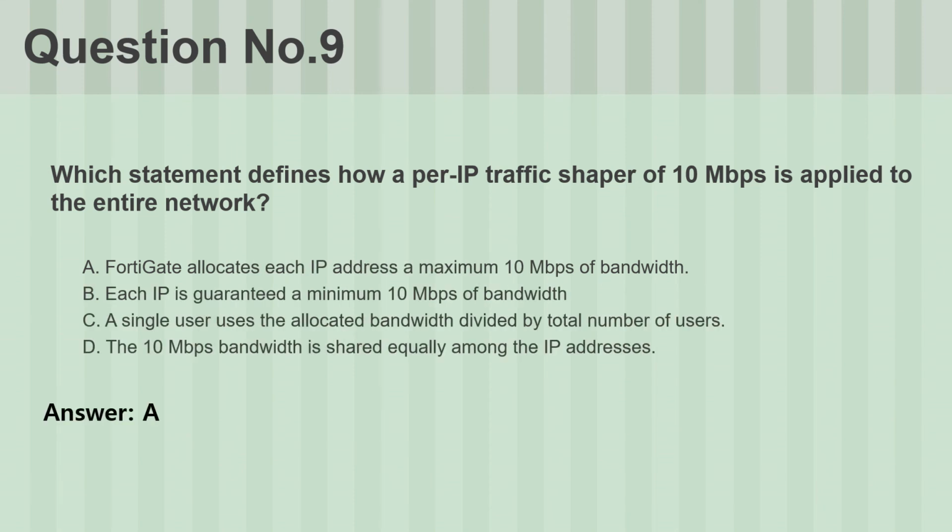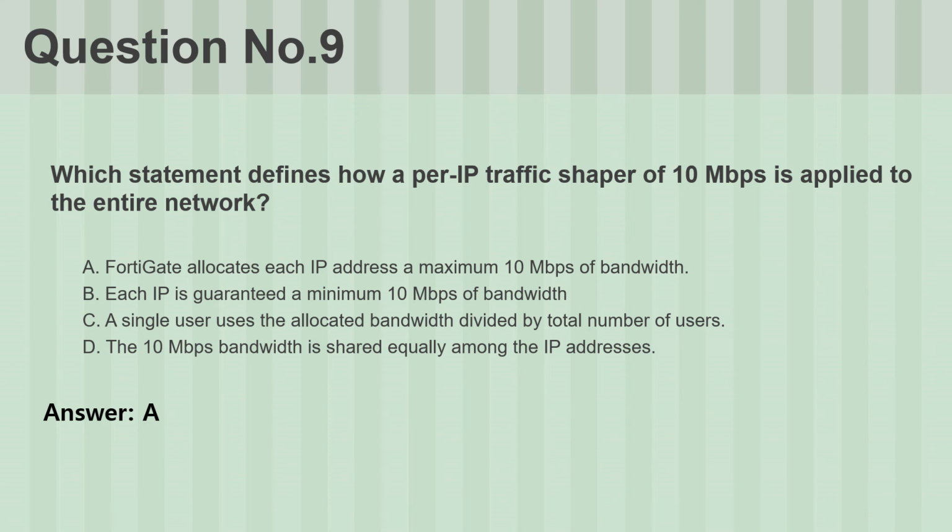Question number 9. Which statement defines how a per-IP traffic shaper of 10 megabits per second is applied to the entire network? A. FortiGate allocates each IP address a maximum of 10 megabits per second of bandwidth.